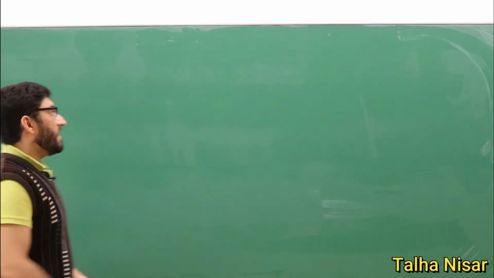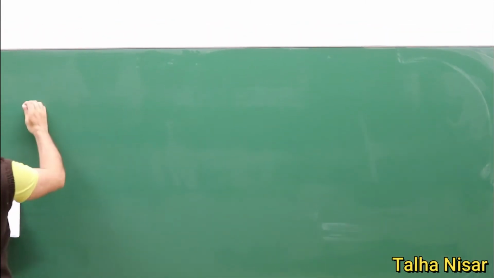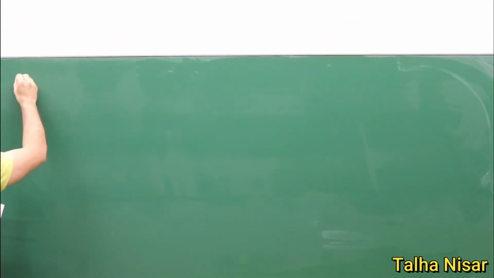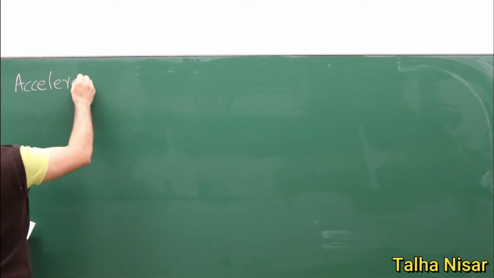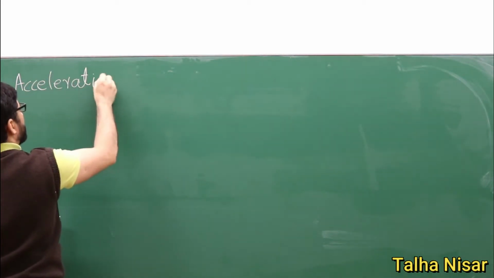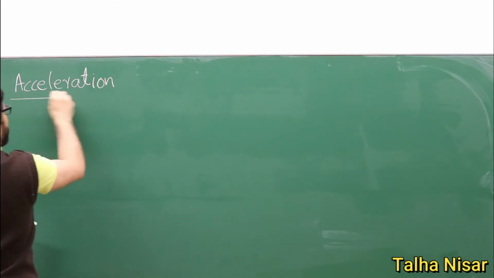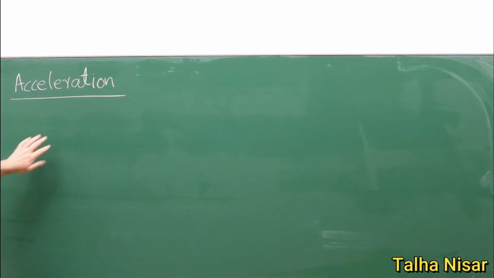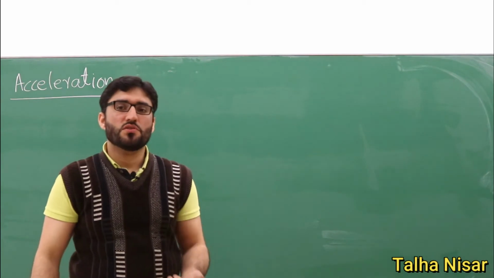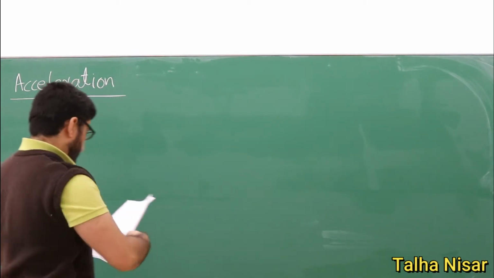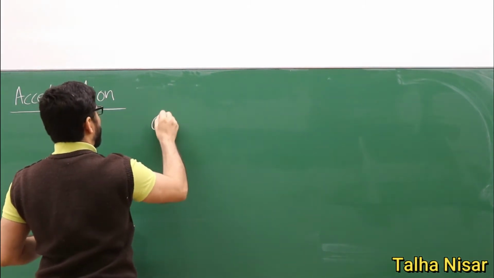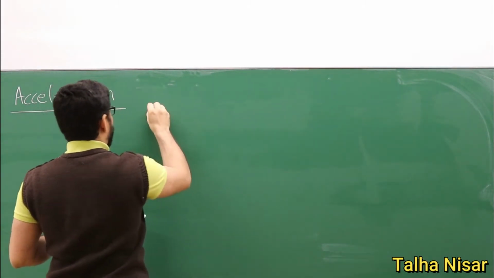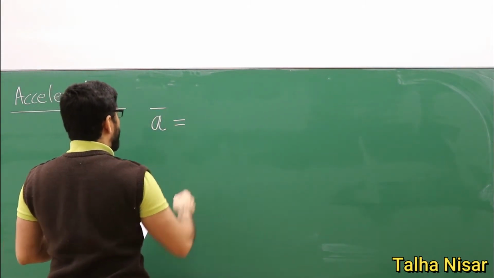Now we discuss the acceleration. Acceleration is the time rate of change of velocity. So we have the acceleration, and the bar here again means the average.